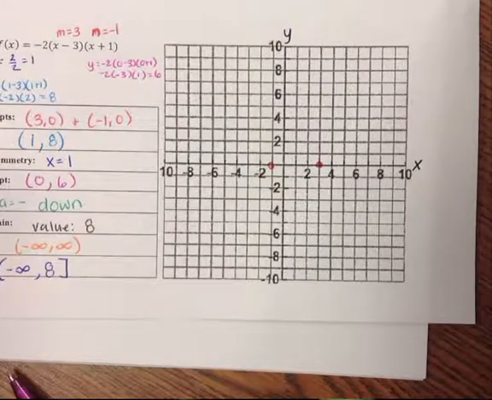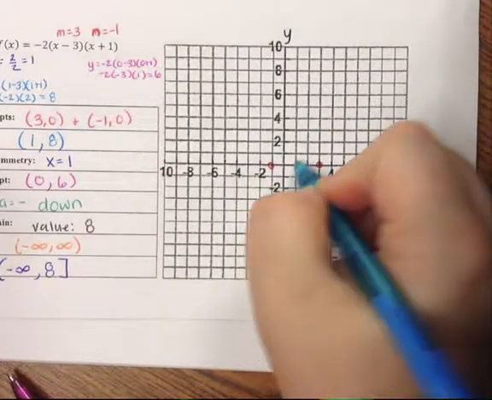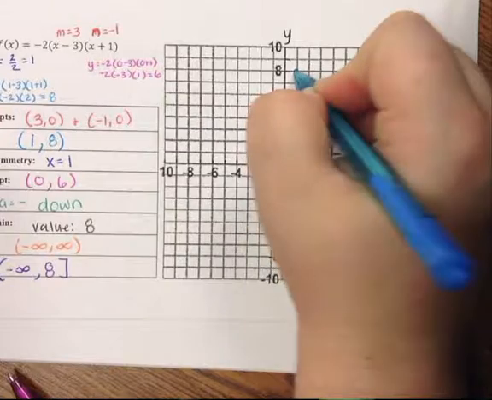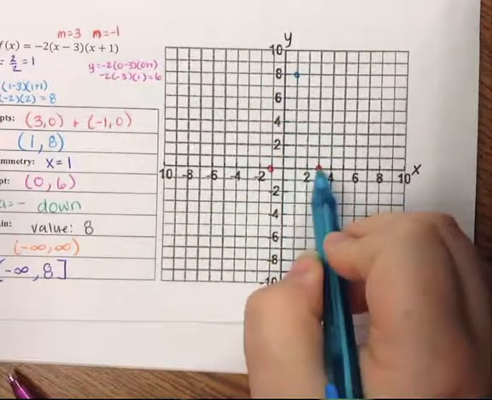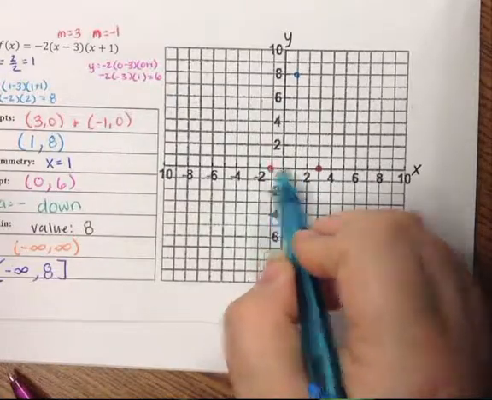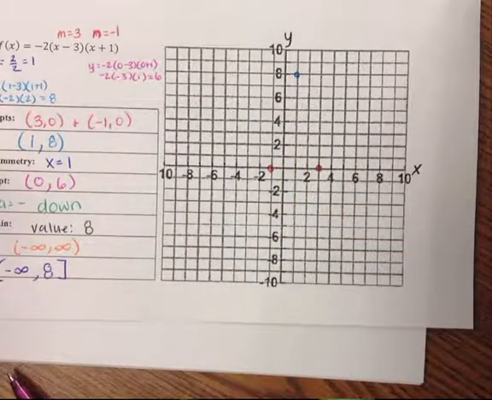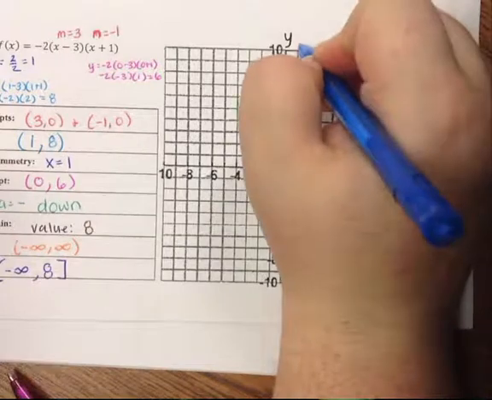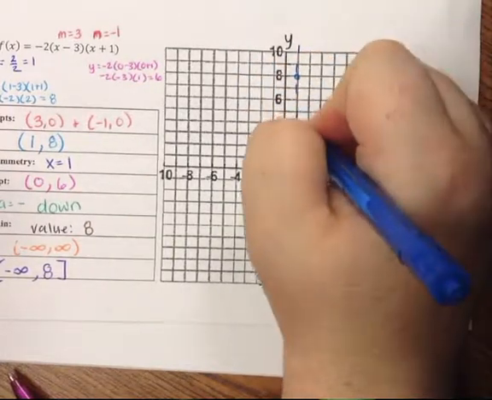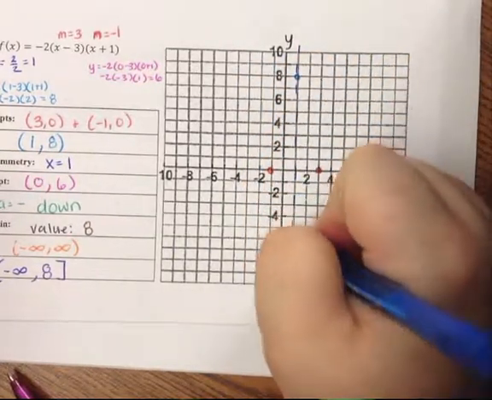Our vertex is at 1, 8. And you can see that the 1 is actually 2 spaces away from the 3 and 2 spaces away from the -1.